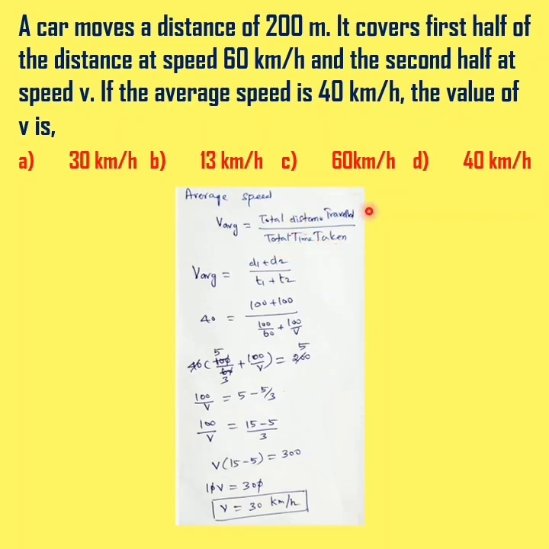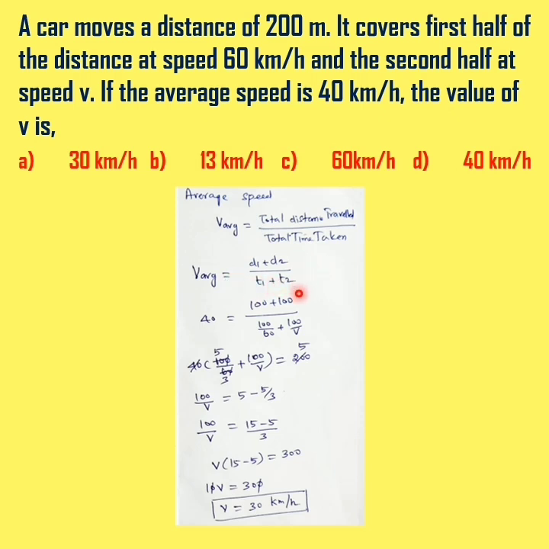So the average velocity is equal to d1 plus d2, that is 100 plus 100, divided by t1 plus t2.